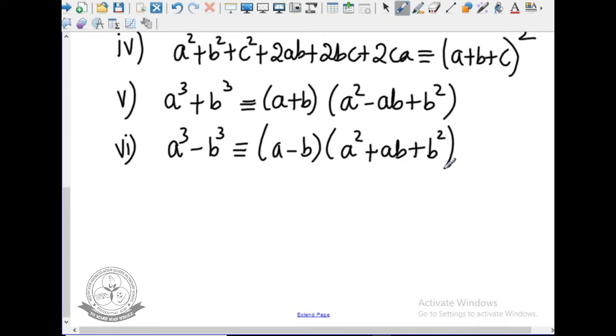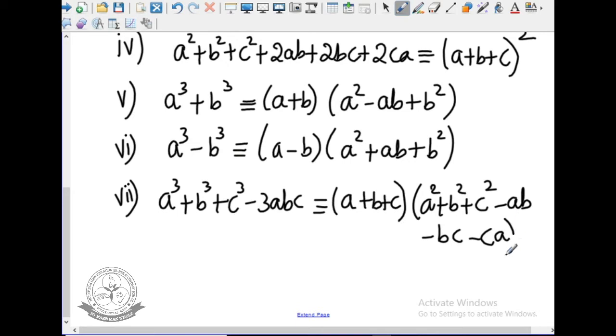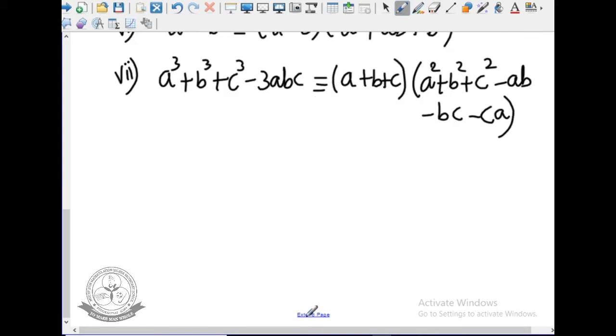Then the last one, the seventh identity, a cube plus b cube plus c cube minus 3abc is identically equal to a plus b plus c into a square plus b square plus c square minus ab minus bc minus ca. Okay. So we are going to use these identities only. So first question, question number 3.